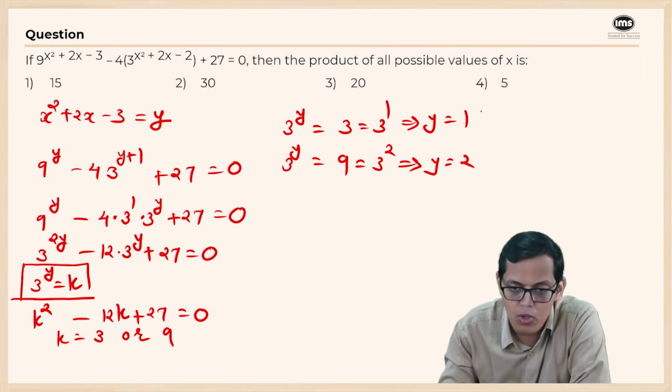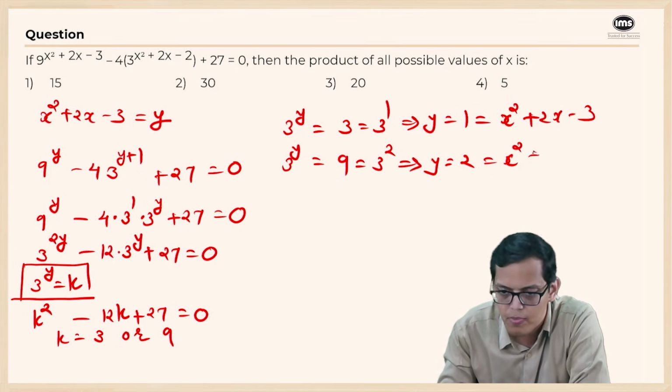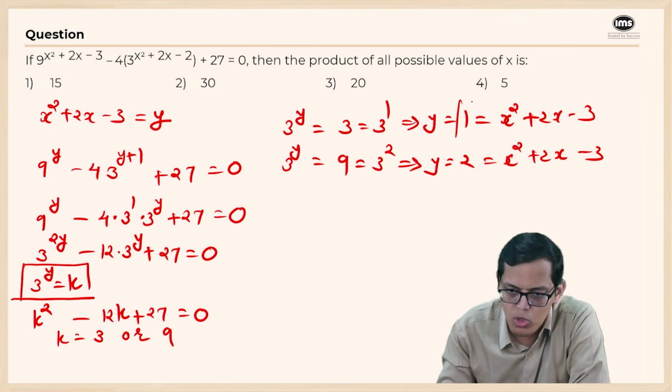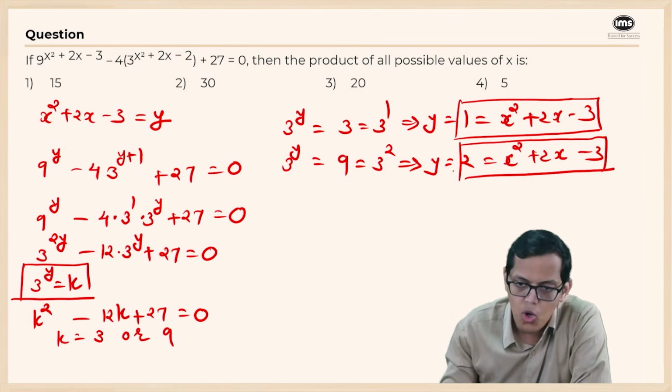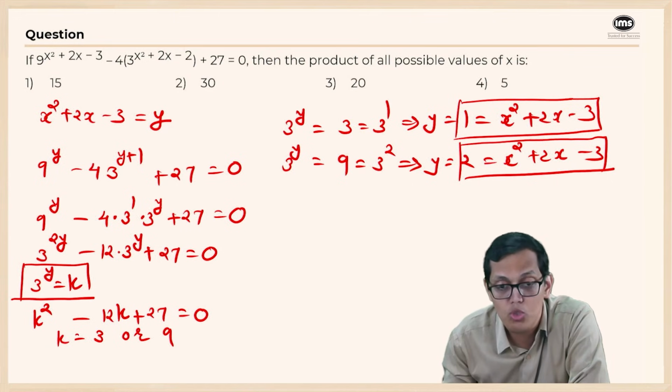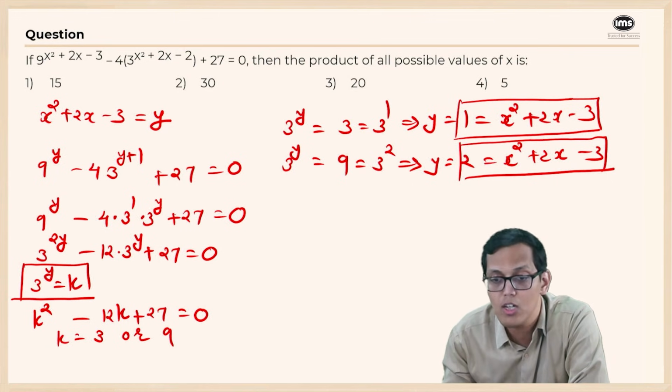Now we remember y was in reality x square plus 2x minus 3, the first step of this entire solution. Both of them can be further solved to get the values of x. However, the question wants you to find the product of all possible values of x.